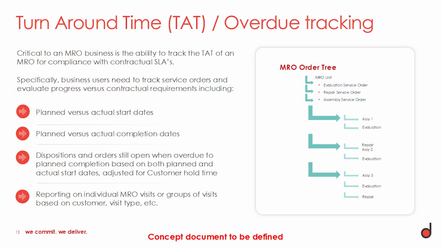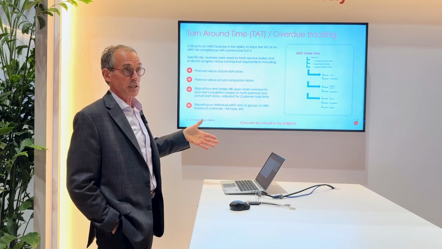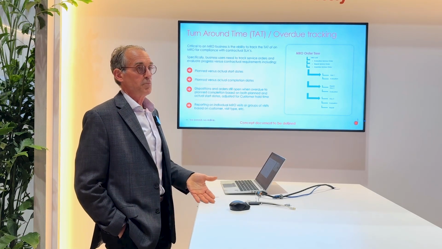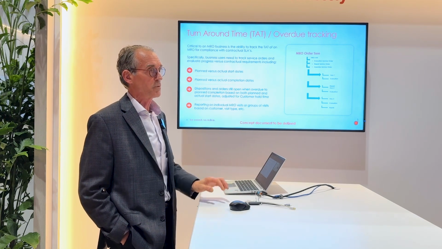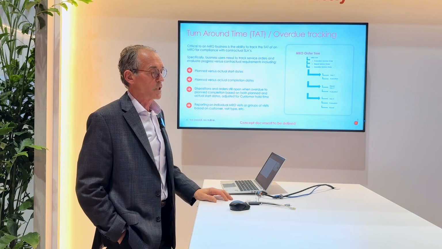And then for total turnaround time, because I've got all those structures of service orders and each one of them has a different start and stop time, and they could be put on hold because I need to go and consult an expert about how to do a repair that I might not have done before. Right?